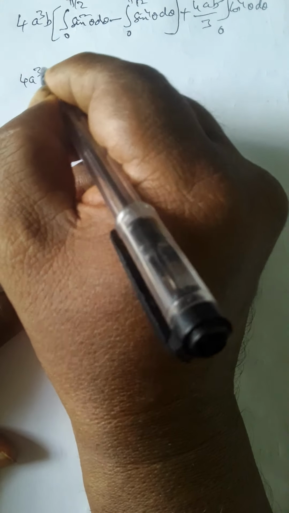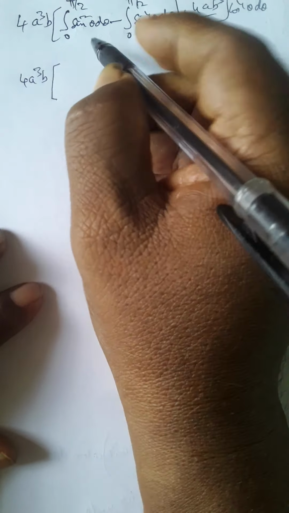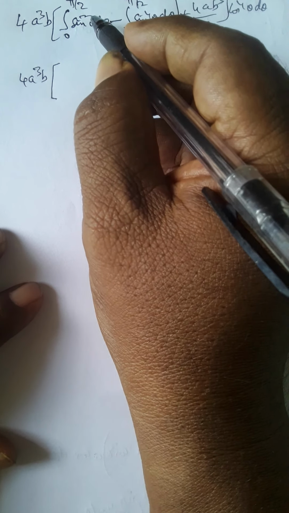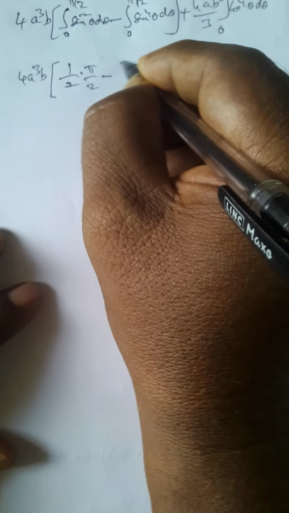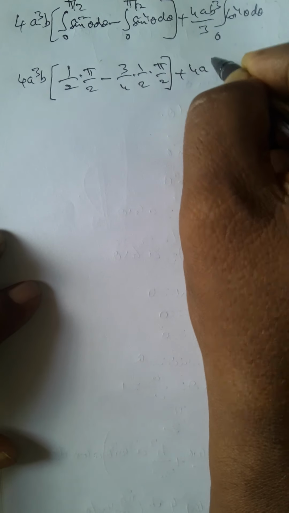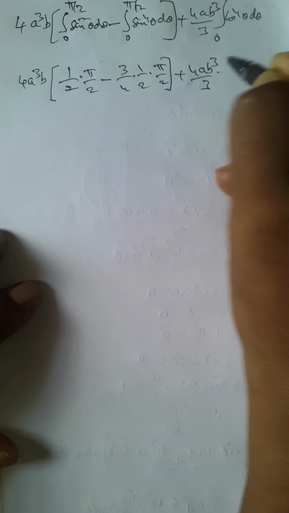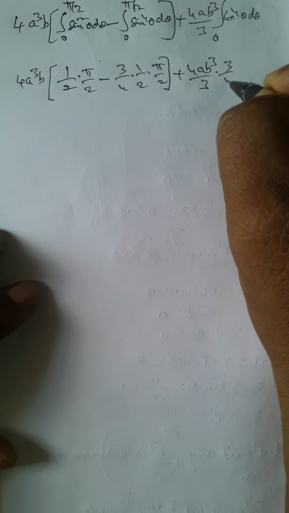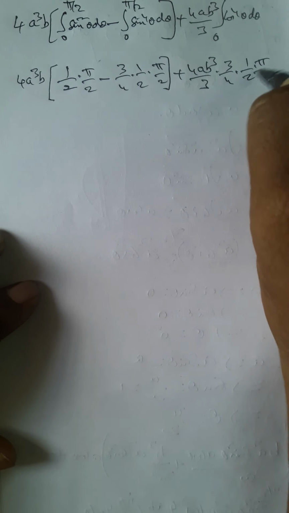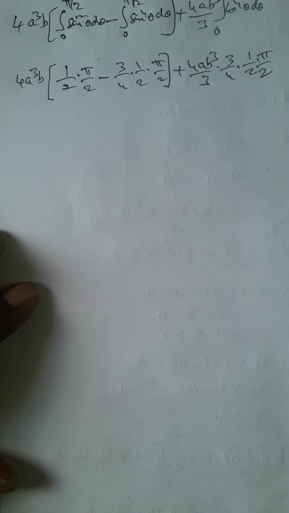Use Wallis formula. n minus 1 means 2 minus 1, so 1 by 2 into pi by 2. Here it is 3 by 4 into 1 by 2 into pi by 2. And for 4ab cube by 3, this is 3 by 4 into 1 by 2 into pi by 2, using Wallis formula already given to you.